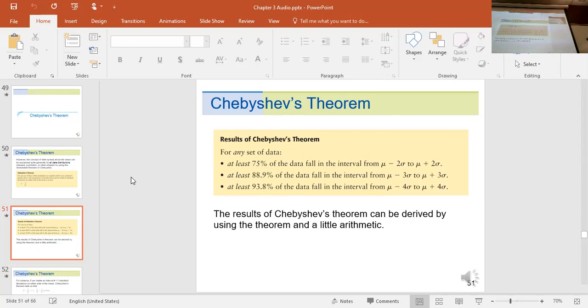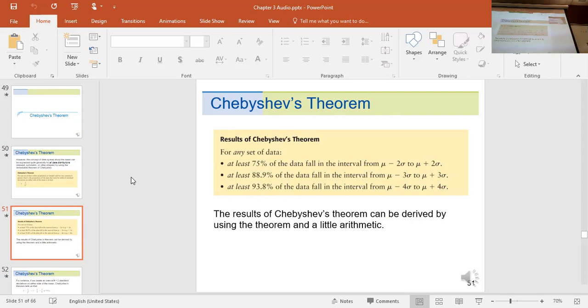For example, if K equals 2, 1 minus 1 over K squared, K squared will be 4, which is 3 over 4. That is at least 75% of values are within 2 standard deviations from the mean, whatever distribution you have.